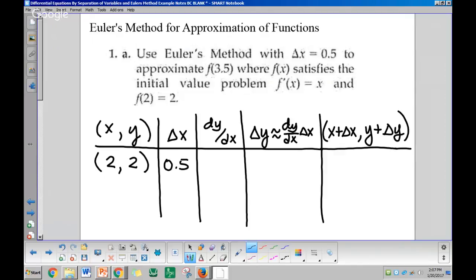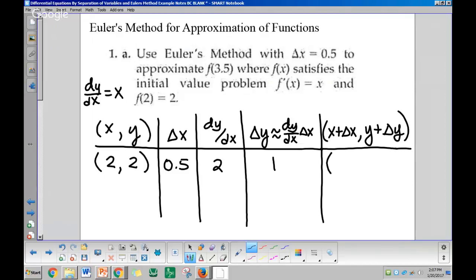And my slope dy dx is equal to x. I'm starting off simply, right? So dy dx equals x. So what is the slope at 2, 2? It's 2. And then we're going to use the slope and delta x to approximate our change in y, which would be 1.